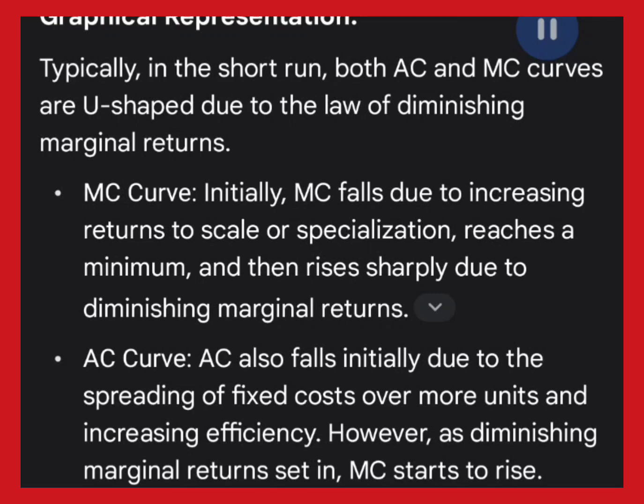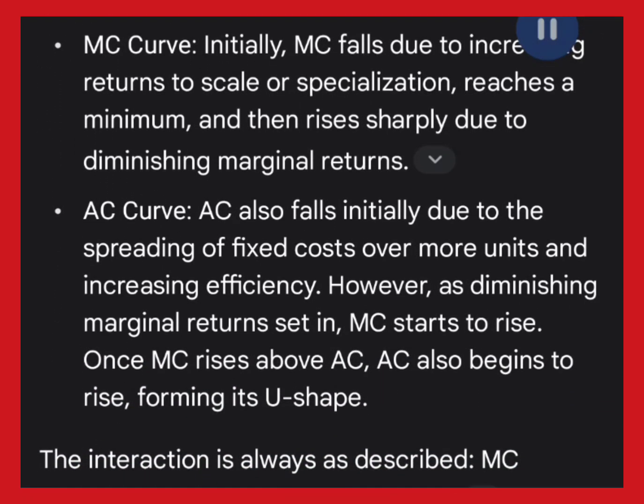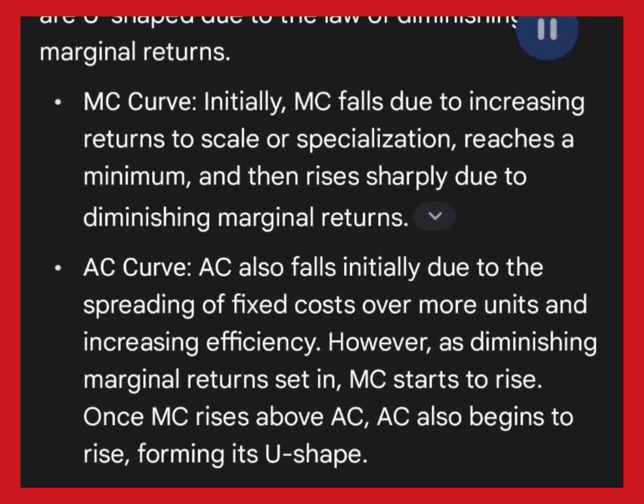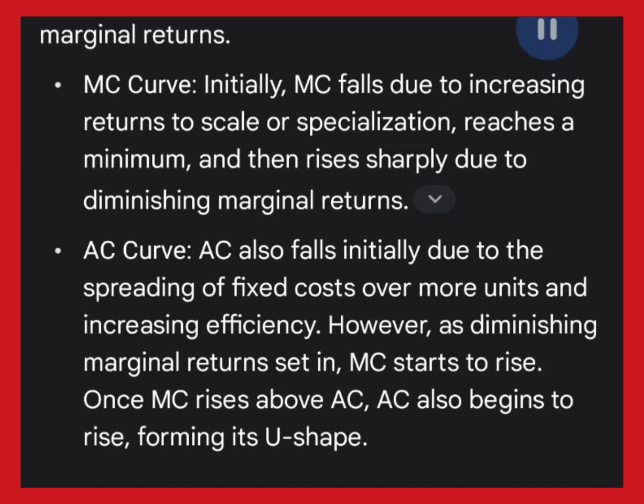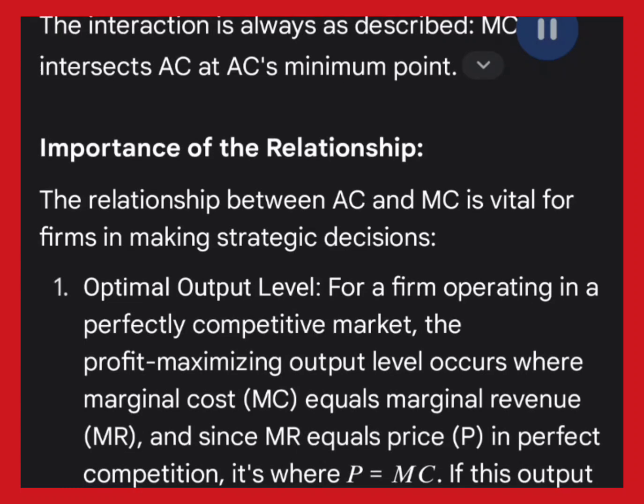AC curve: AC also falls initially due to the spreading of fixed costs over more units and increasing efficiency. However, as diminishing marginal returns set in, MC starts to rise. Once MC rises above AC, AC also begins to rise, forming its U-shape. The interaction is always as described: MC intersects AC at AC's minimum point.